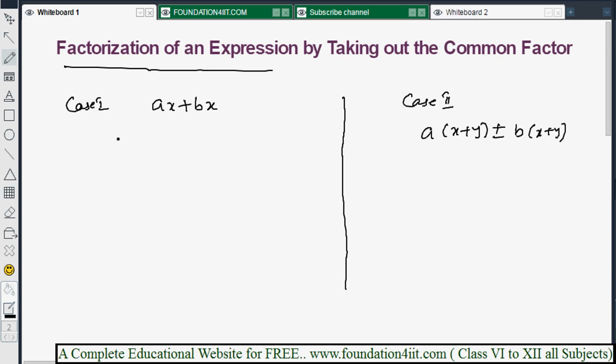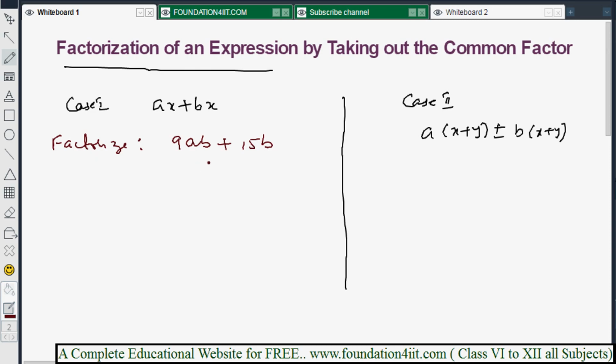Let me take one example first. Factorize: your question is 9ab plus 15b. In both terms there should be a common variable and a common number.